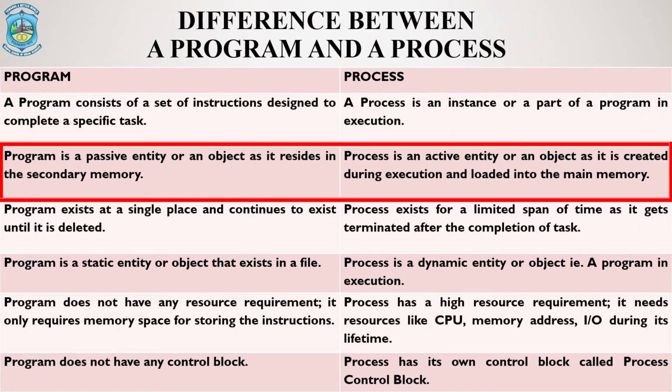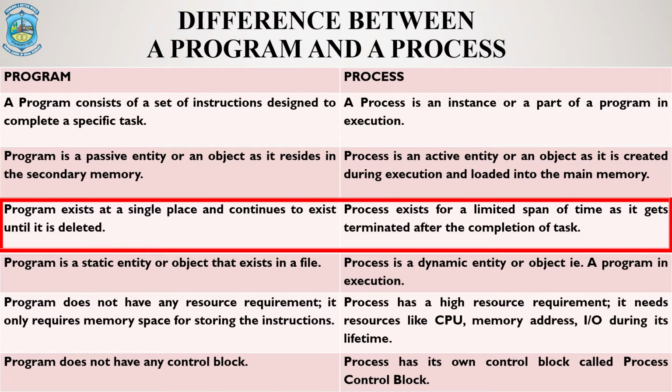The second difference is that a program is a passive entity or an object as it resides in the secondary memory. So, a program is always kept in the secondary memory, whereas a process is an active entity or an object as it is created during execution and loaded into the memory. So, whenever a part of a program needs execution, it is brought from the secondary memory into the primary memory.